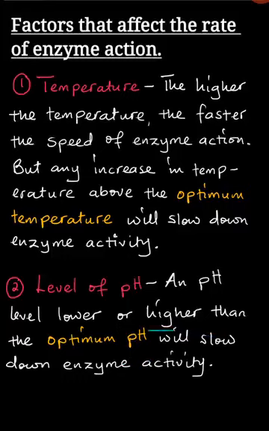If you go lower than the optimum pH, the enzyme action will be slow. If you go higher than the optimum pH, the enzyme action will be slow as well. So, temperature as well as the level of pH affect the rate of enzyme action.